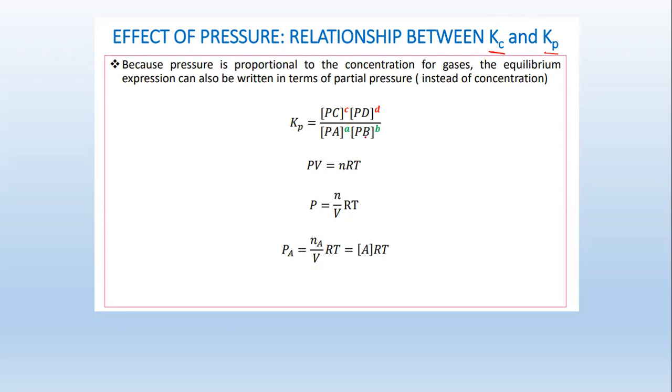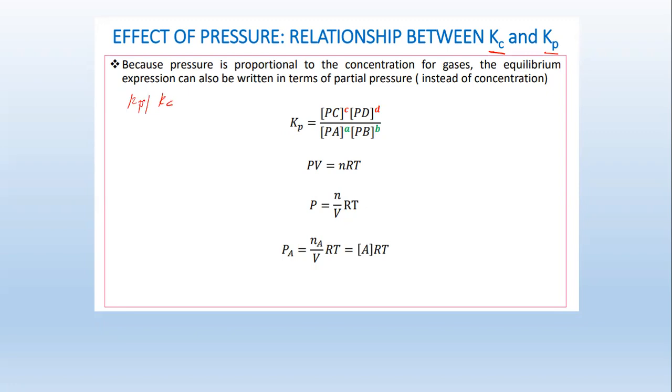The expression that you see over here is an expression that we use to calculate the equilibrium constant. How to calculate the equilibrium constant depends on what is provided to you at that time. You can determine the equilibrium constant in the form of Kp or in the form of Kc.